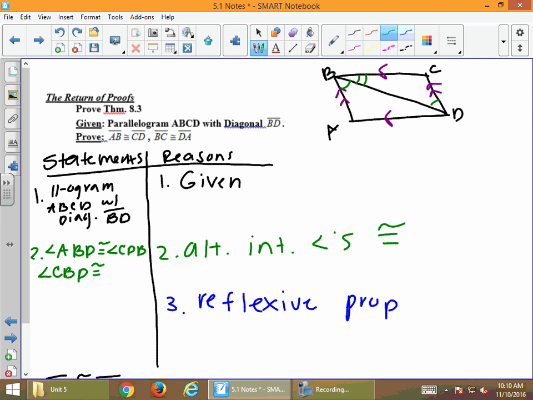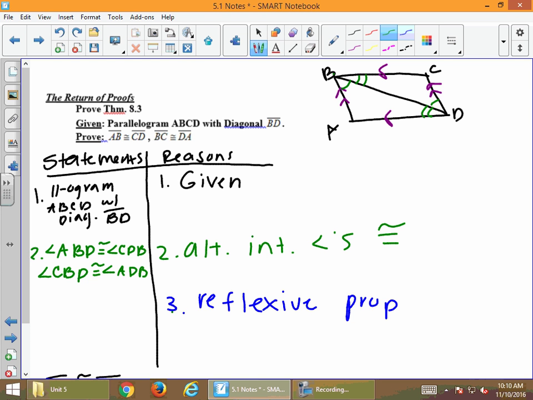From CBD, its alternate interior angle would be? Close. ADB. Okay. And then our alternate interior angles.